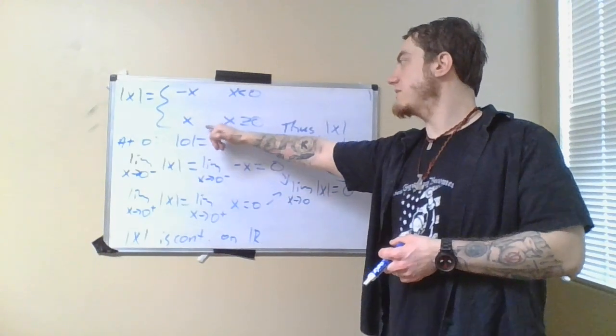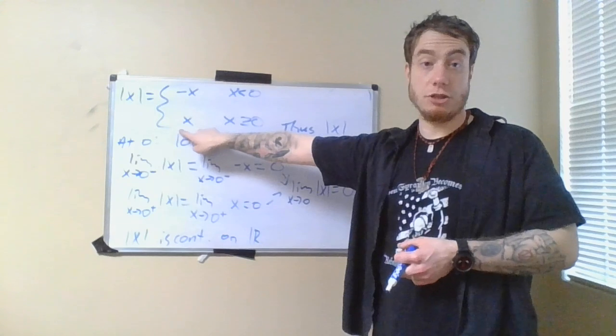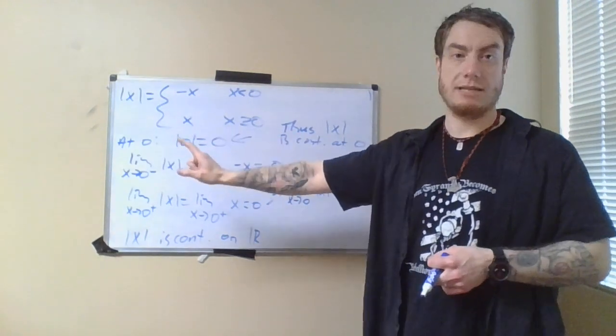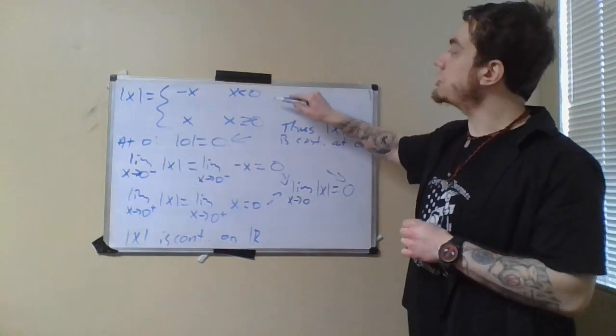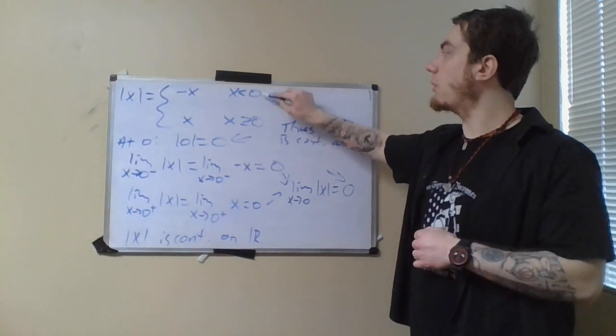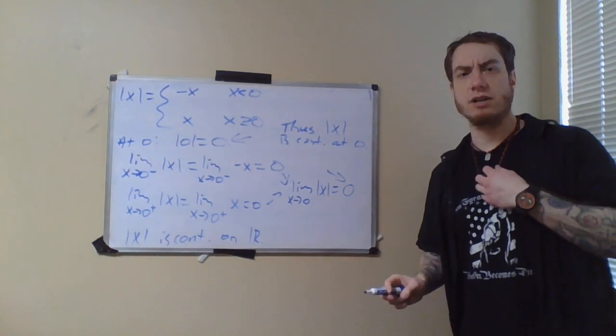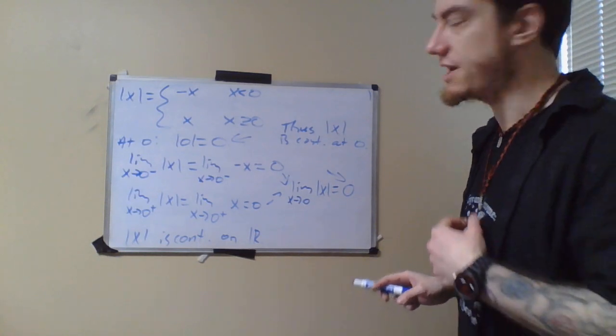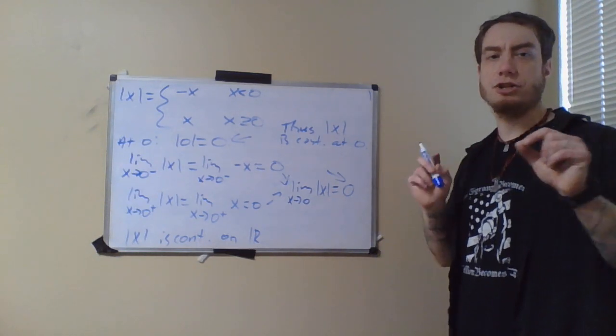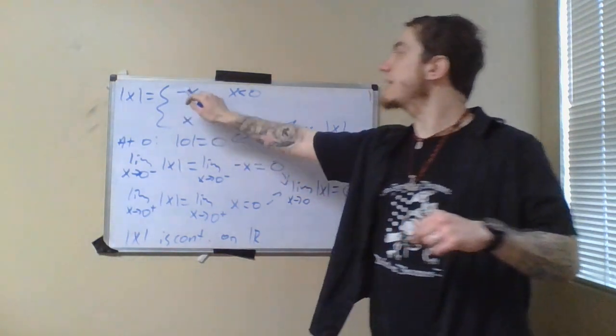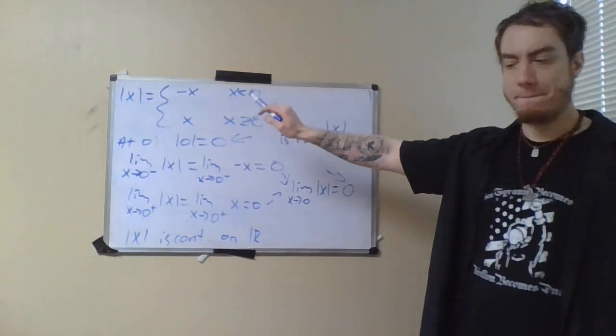Near, say, positive 13, this function is just x, so I just work with that expression. The only issue is when we hit a transitional point. In this case, the only transition is at 0. And I hope it's kind of clear what I mean by a transitional point: a point where the defining expression changes.